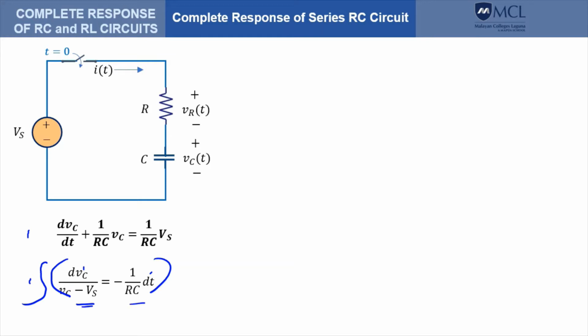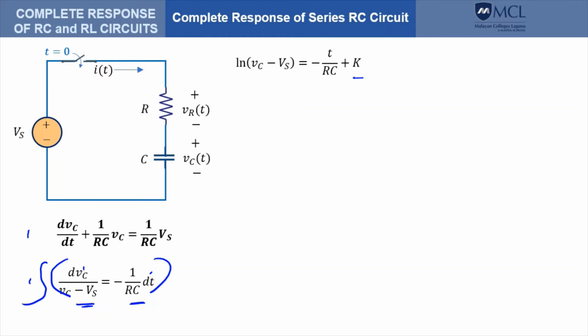The integration of this will give us a natural logarithmic function, while this one is simply a function of time. So that will give us this equation. And we need to introduce a constant after that. So how do we find the constant? We apply the initial condition for the circuit.